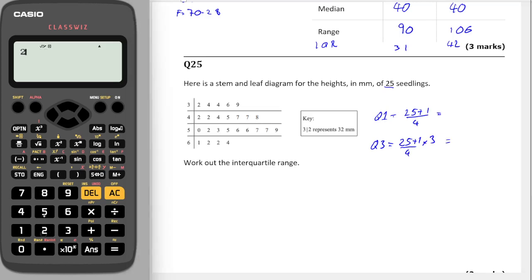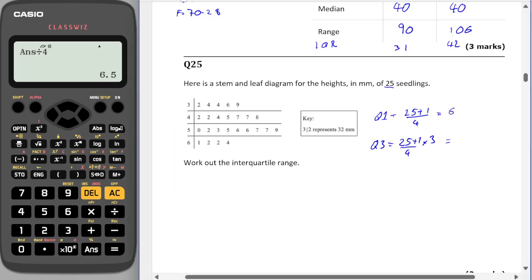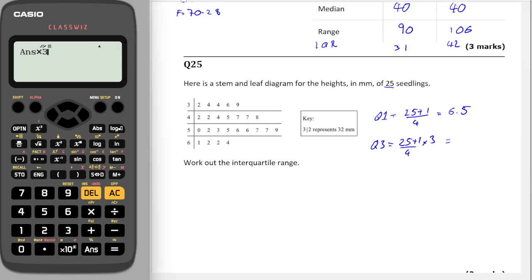So 25 plus 1 divided by 4 gives me 6.5. And then for the Q3, I'm timesing that by 3, so that would give me 19.5.